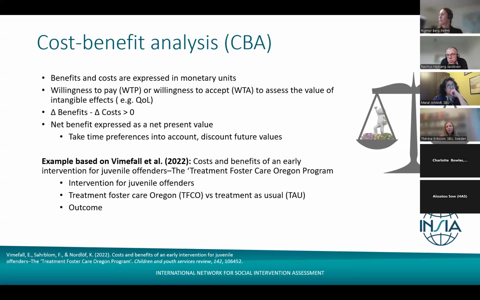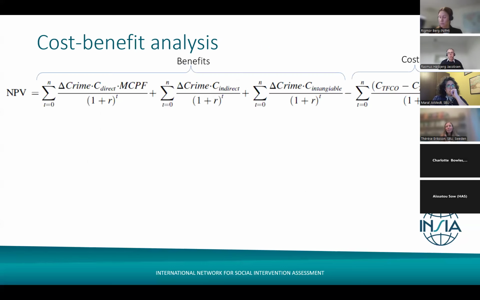It's the article by Wimefall et al. from 2022, Costs and benefits of an early intervention for juvenile offenders, the Treatment Foster Care Oregon program. It's set in a Swedish setting where treatment foster care is compared to treatment as usual. We are not going to dig into the details of what exact costs or effects are measured, more just on a conceptual level to understand the cost-benefit analysis.